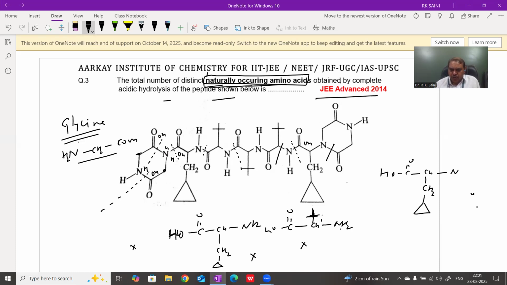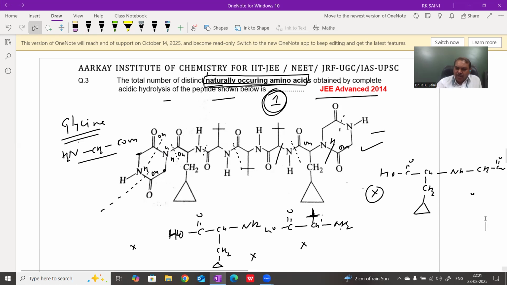This bond is also dissociated during the hydrolysis. NH and COOH, and this part contains CH2, COOH. It is not a naturally occurring amino acid. But on further hydrolysis, it gives glycine. Therefore, the naturally occurring amino acid is only one, namely glycine.